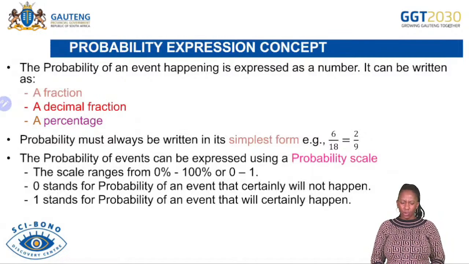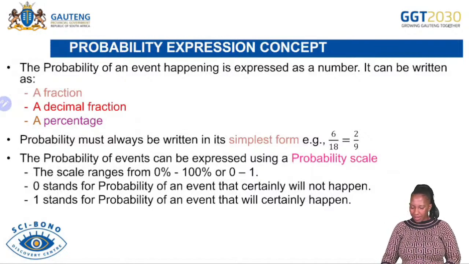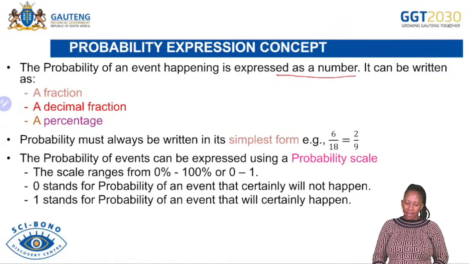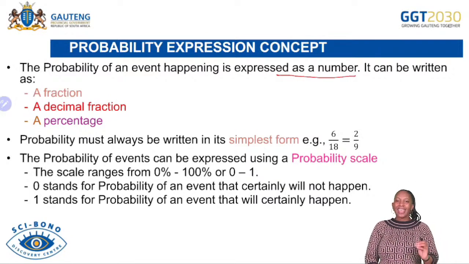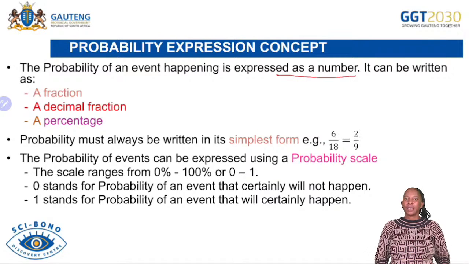Now, let's have a look at the probability expression concept. What are we referring to? We say the probability of an event happening is expressed as a number. And now this number cannot just be written as a number.